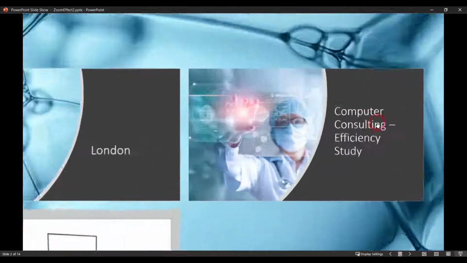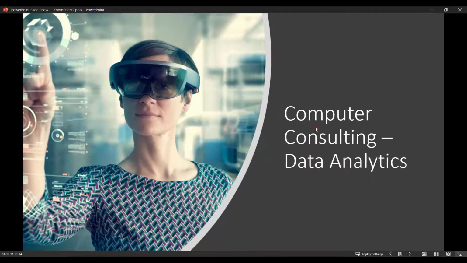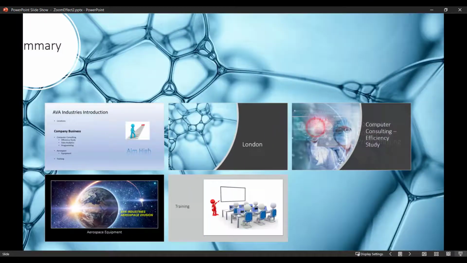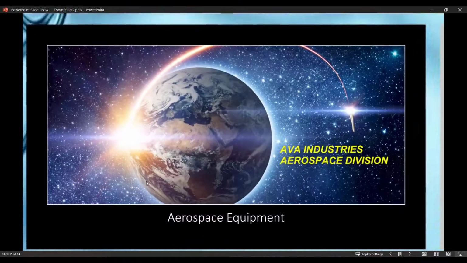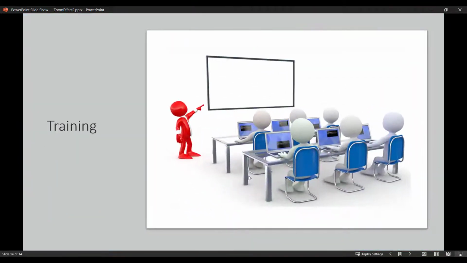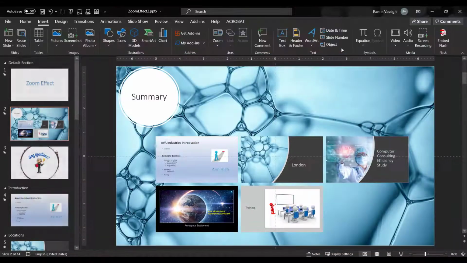And it comes back. The same thing for computers, their consulting division, and the same thing for aerospace equipment, and they have training. So the summary actually works perfectly fine, and Summary Zoom works really well.